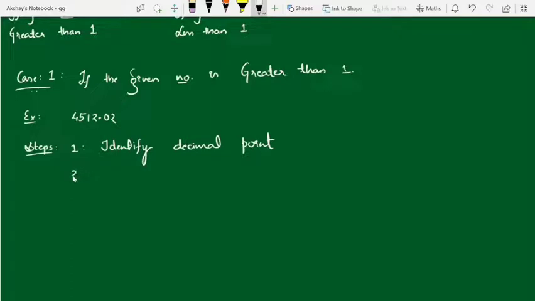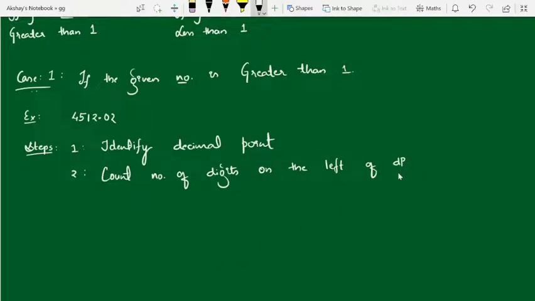Next, in the second step, what we are going to do is count the number of digits on the left of the decimal point.